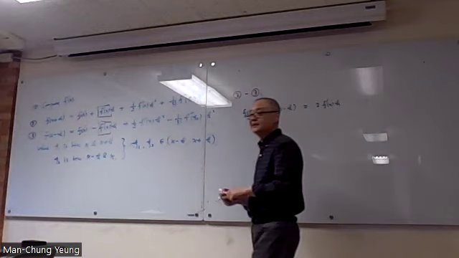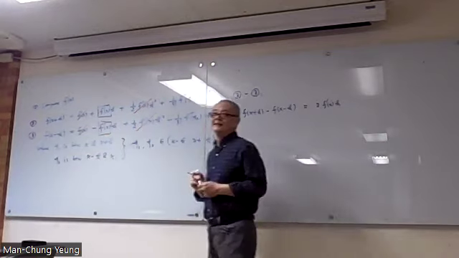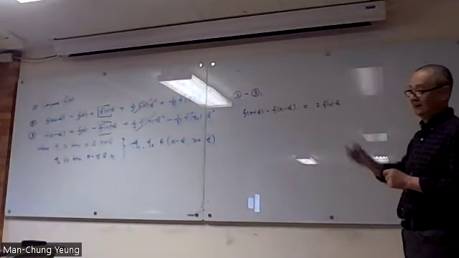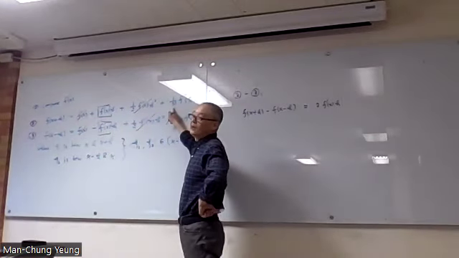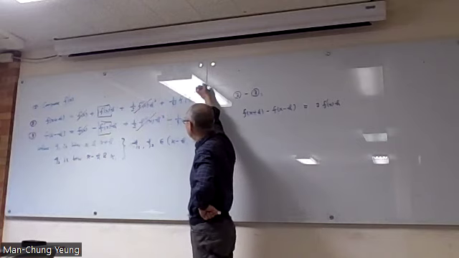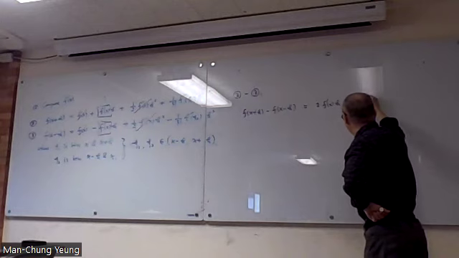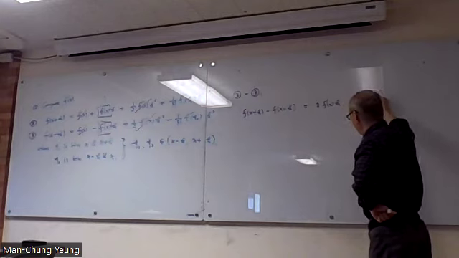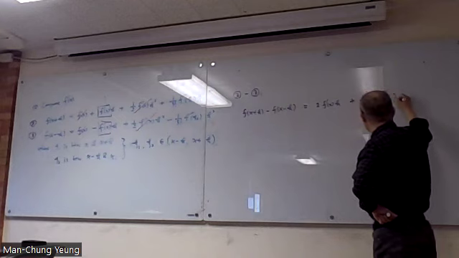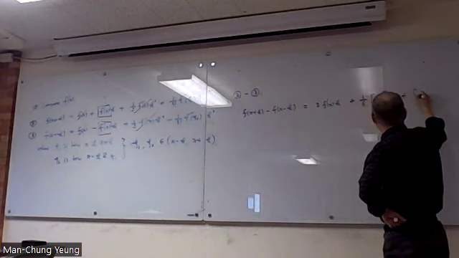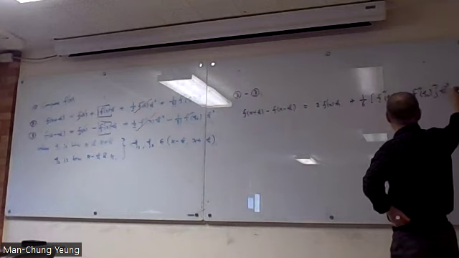The third term minus third term cancels out. 3 factorial is 6, so the last terms give plus 1 over 6 times the third derivative at psi 1 plus the third derivative at psi 2, then times h to the third.